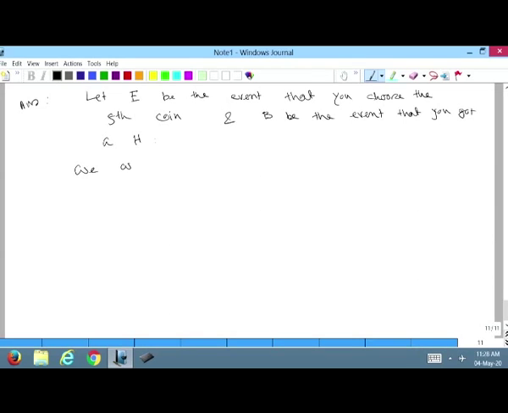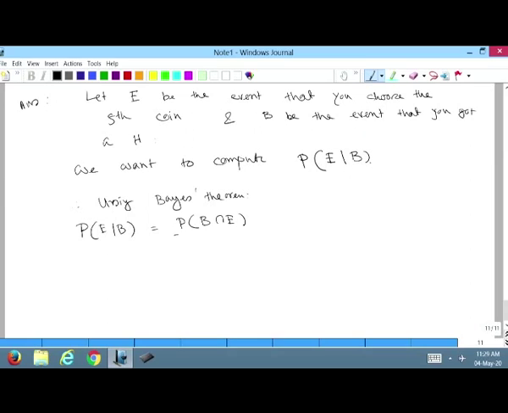We want to compute probability of E given B. Therefore, using Bayes' theorem, probability of E given B is equal to probability of B intersected with E divided by probability of B, is equal to probability of B given E multiplied by probability of E divided by probability of B.